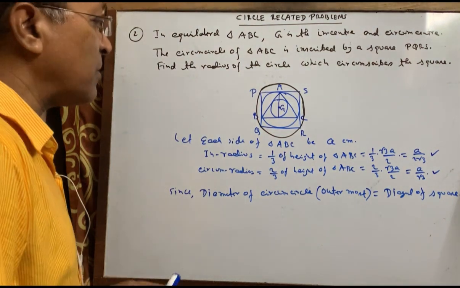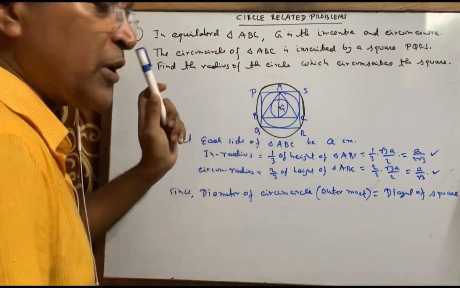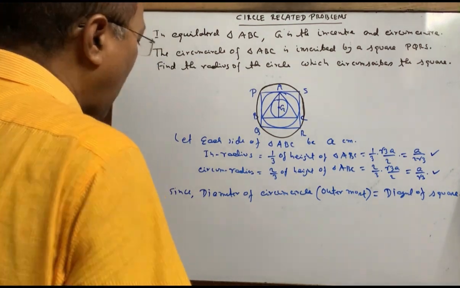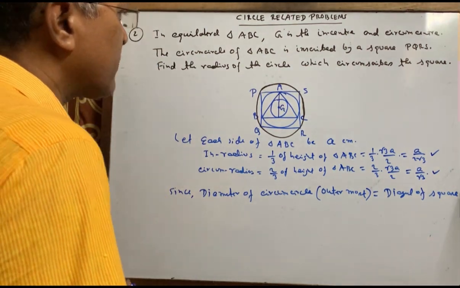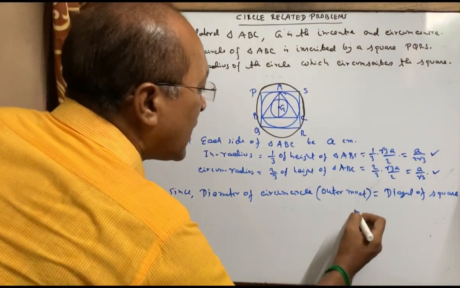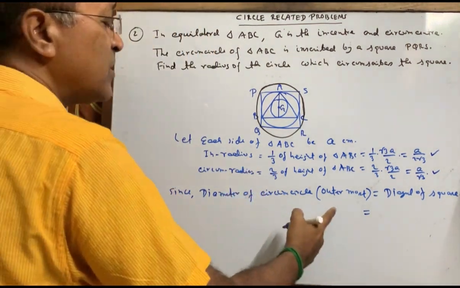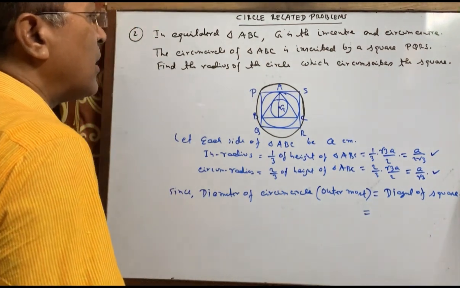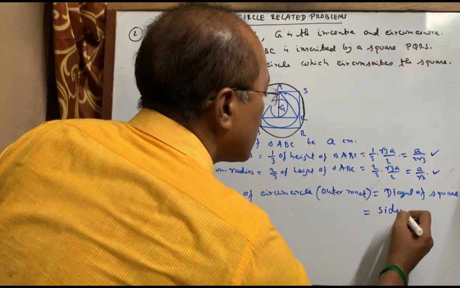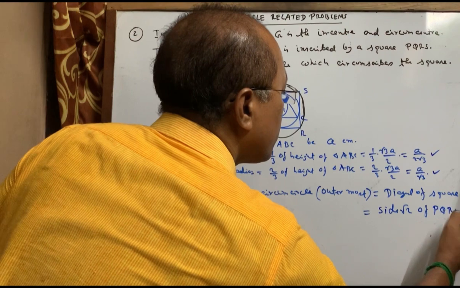So diameter of circumcircle which is outermost is equal to diagonal of PQRS. Diagonal of square is side root 2 of PQRS.